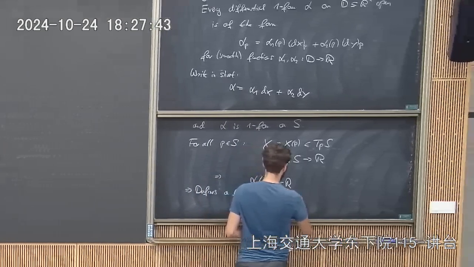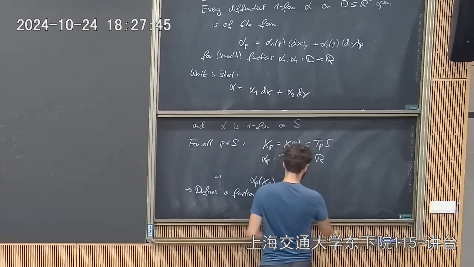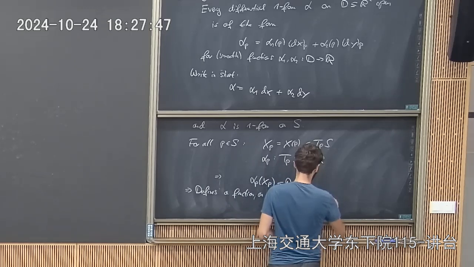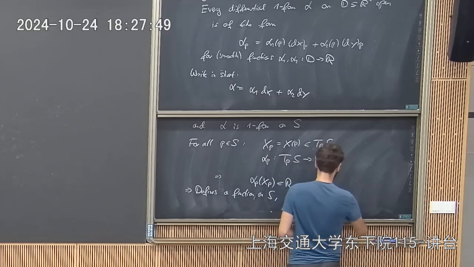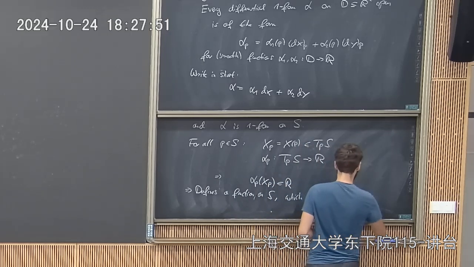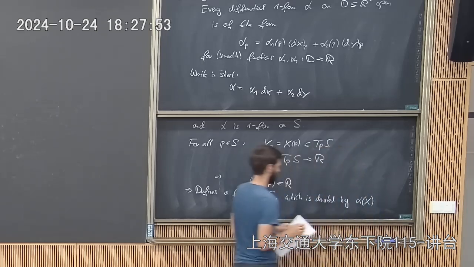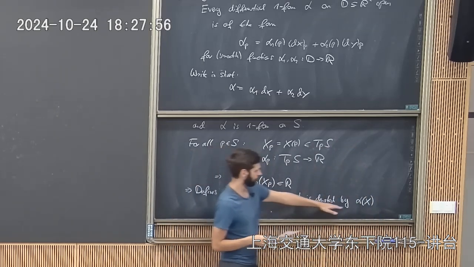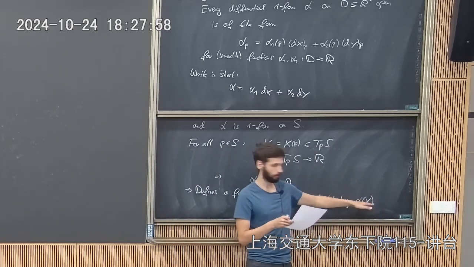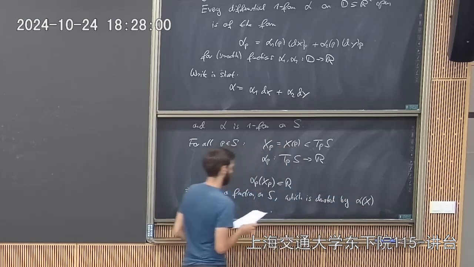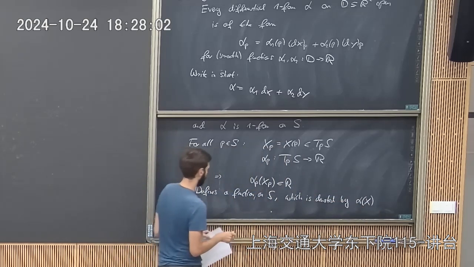It is denoted by alpha of X. Usually it is spoken as saying that alpha is paired with X, where X is plugged into alpha.